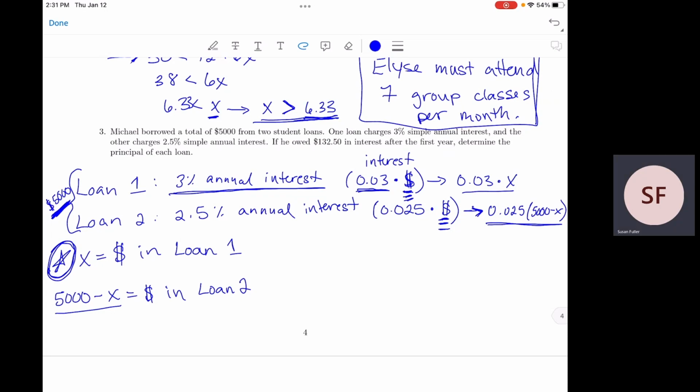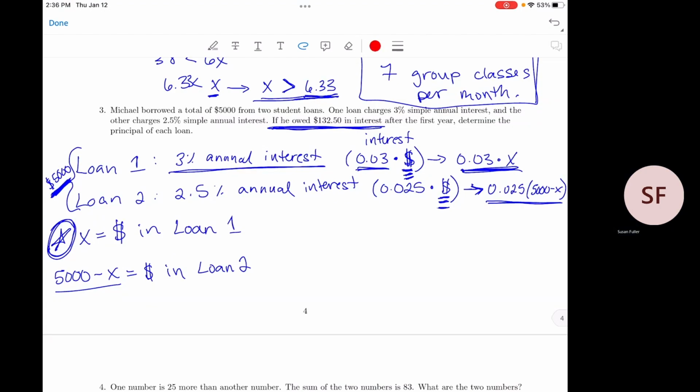Okay, well, we're starting to sift through this and get expressions here and there, but we still don't have an equation. There's still a piece of information we haven't used yet. He owed $132.50 in interest after the first year. That means the total amount of interest was $132.50.